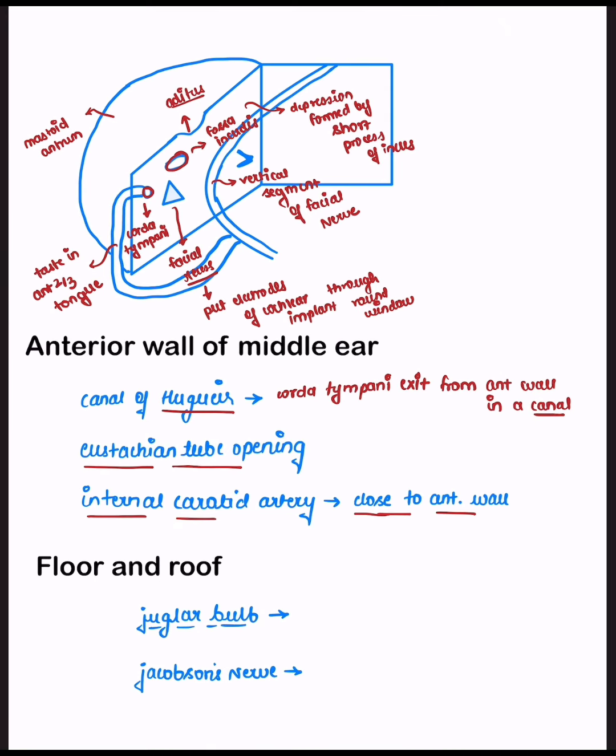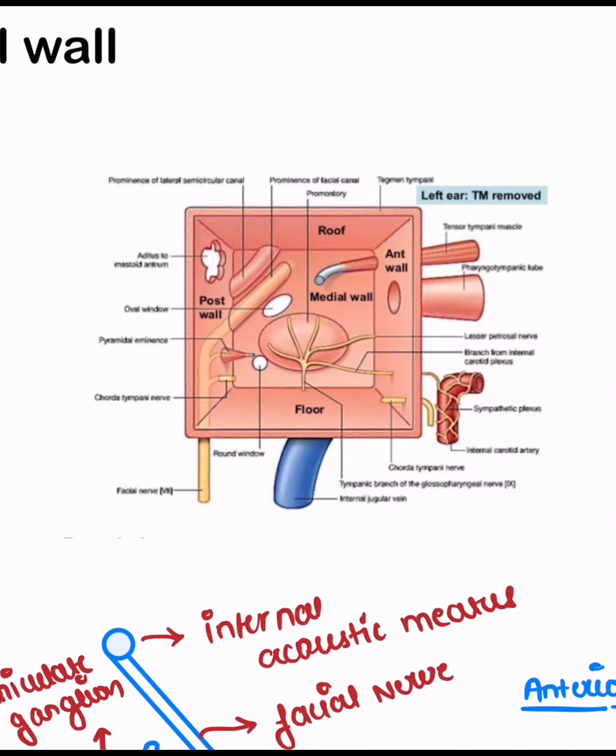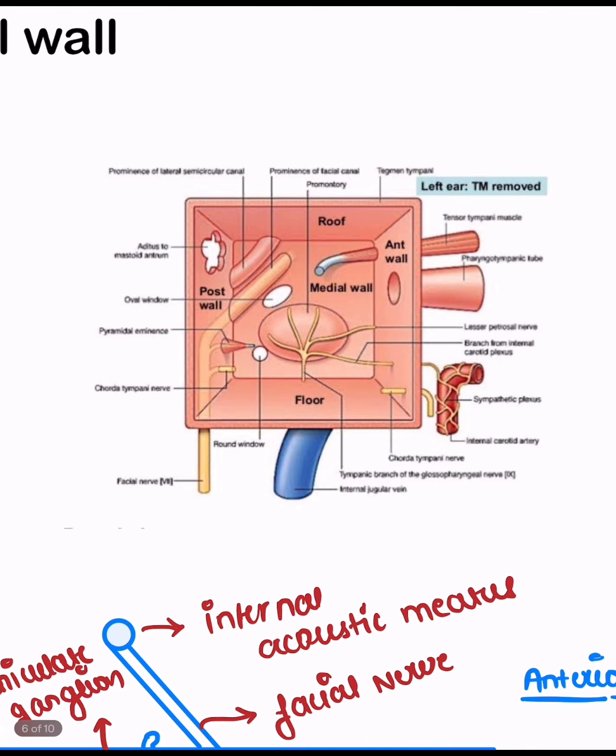The floor of the middle ear cavity consists of the jugular bulb. In the floor here, the jugular vein passes, which forms a bulge known as the jugular bulge. Along with the internal jugular vein, here also lie the glossopharyngeal nerve, vagus nerve, and accessory spinal nerve.